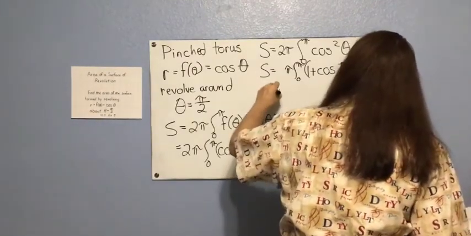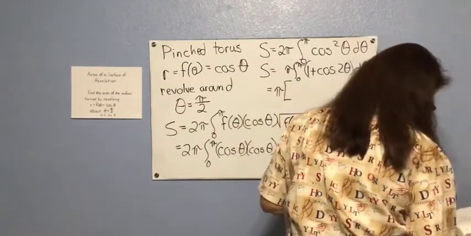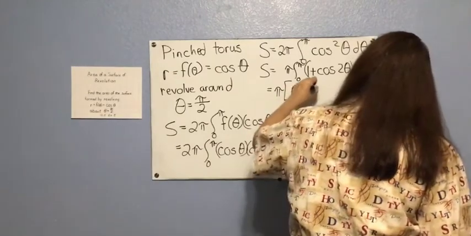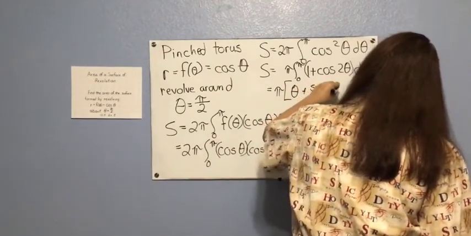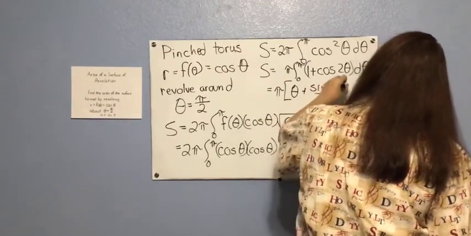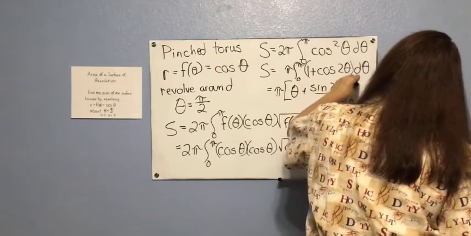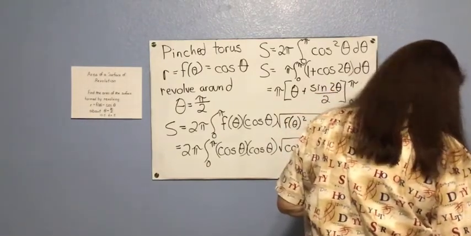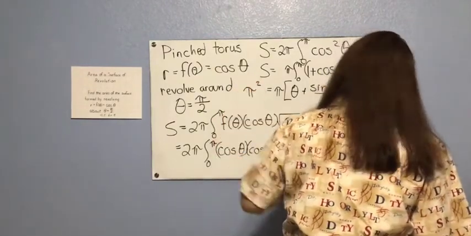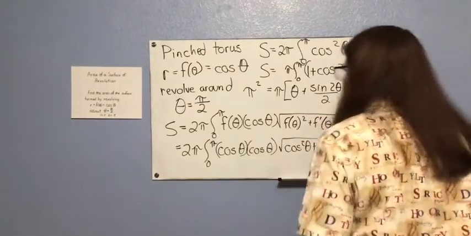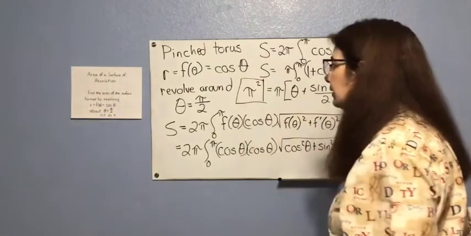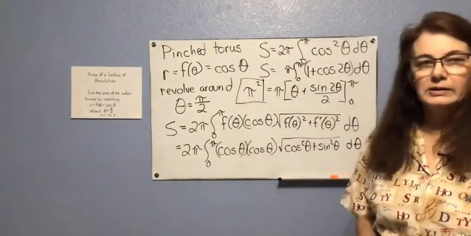So now I have pi times theta plus sine 2 theta over 2 evaluated from 0 to pi. And this just gives us pi squared for our area. So this is the surface area of our solid of revolution.